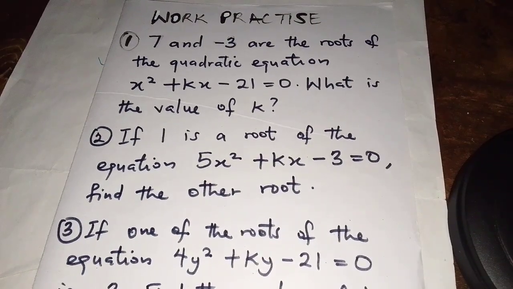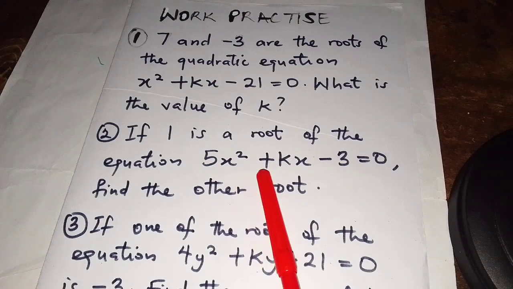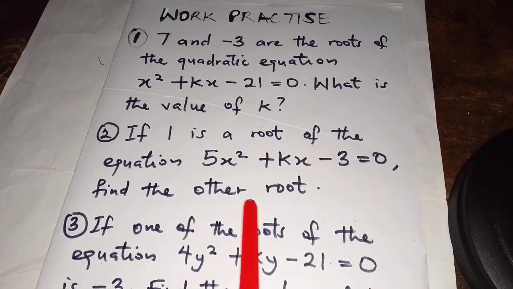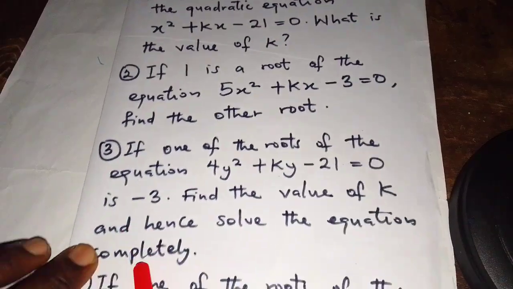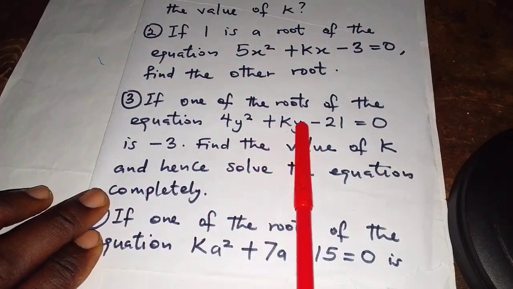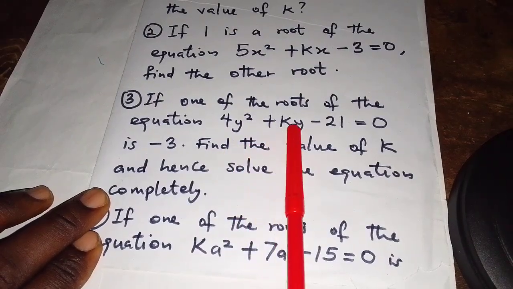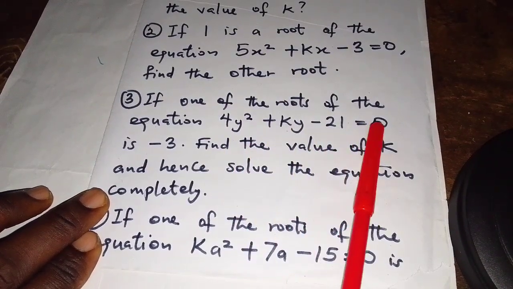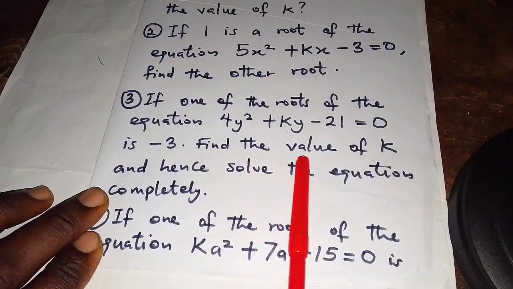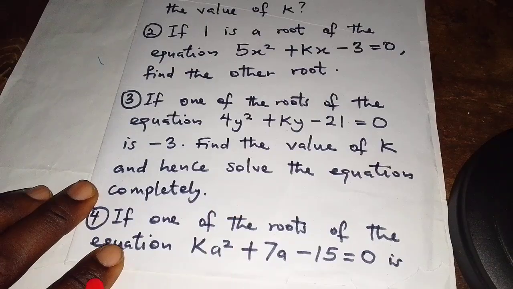Number 2: if 1 is a root of the equation 5x squared plus kx minus 3 is equal to 0, find the other root. Number 3: if one of the roots of the equation 4y squared plus ky minus 21 is equal to 0 is minus 3, find the value of k and hence solve the equation completely.